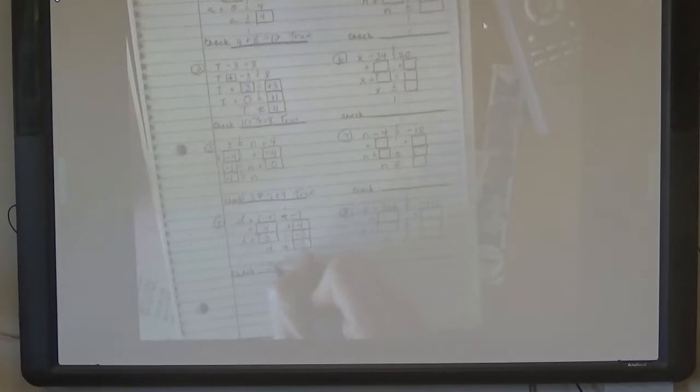Number 4. d plus negative 4 equals negative 7. Add 4 to both sides. So d plus 0 is equal to, and then add down, negative 7 plus 4 is negative 3. So d is negative 3. And then check it. Negative 3 plus negative 4 is equal to negative 7.